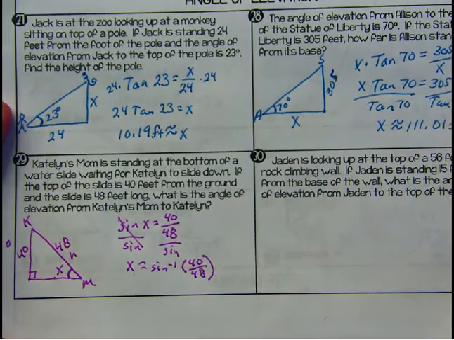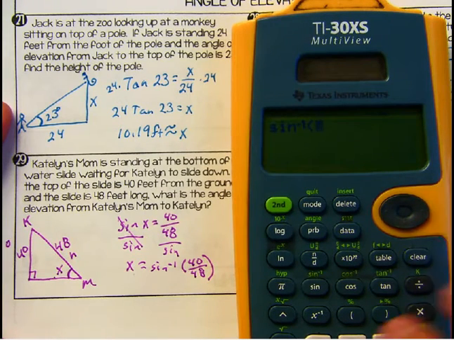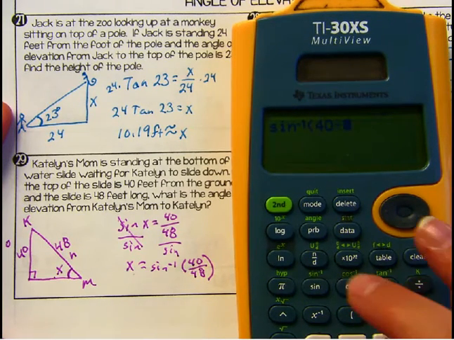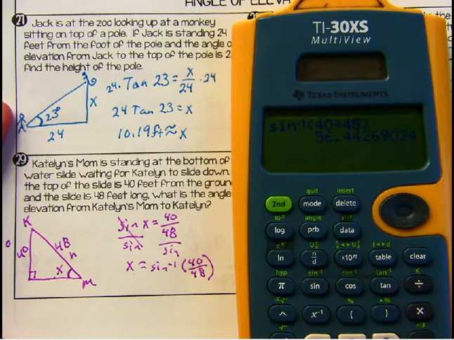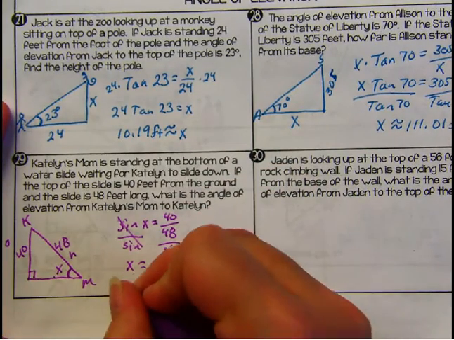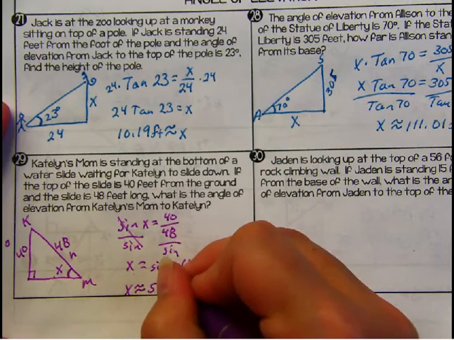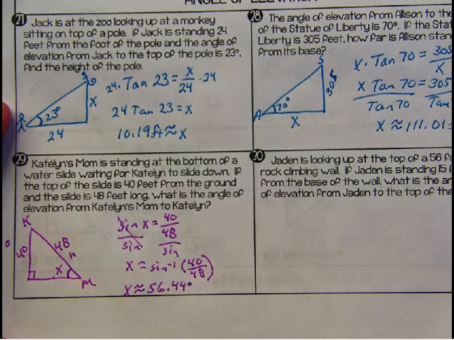So typing that into our calculator, second sine, so we have sine to the negative 1, and then 40 divided by 48. We get 56.44 degrees. So x is approximately 56.44 degrees.